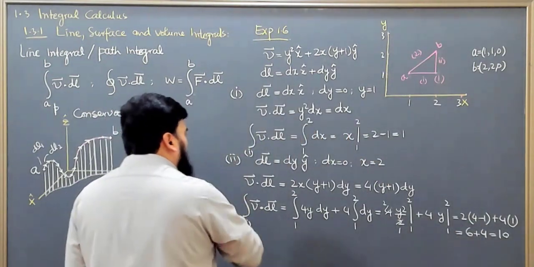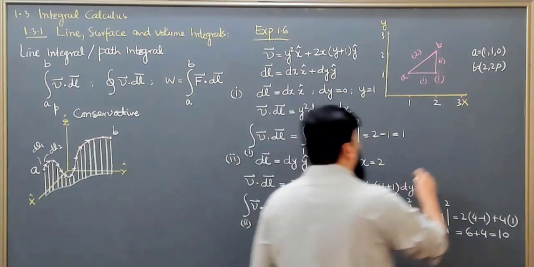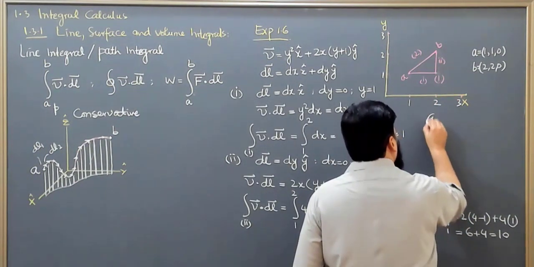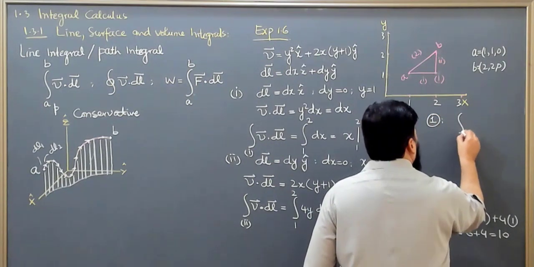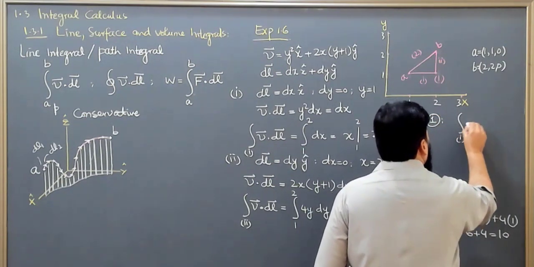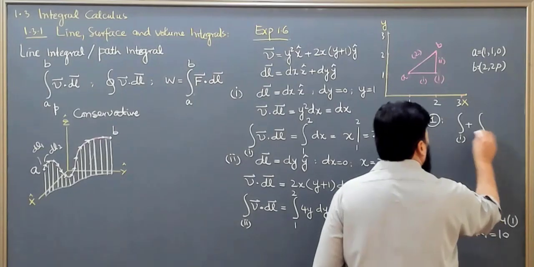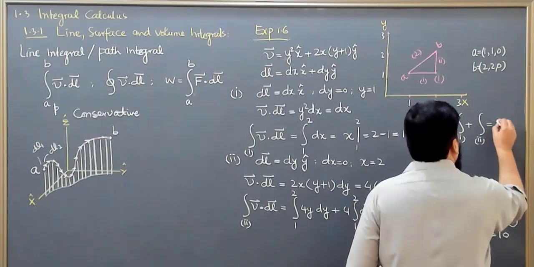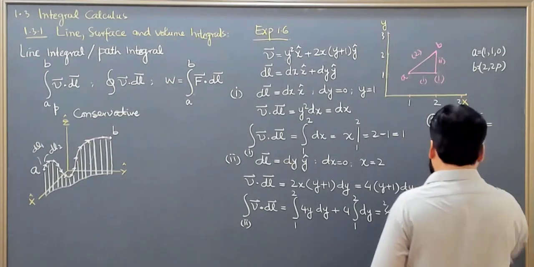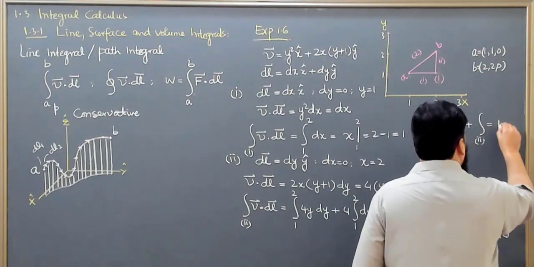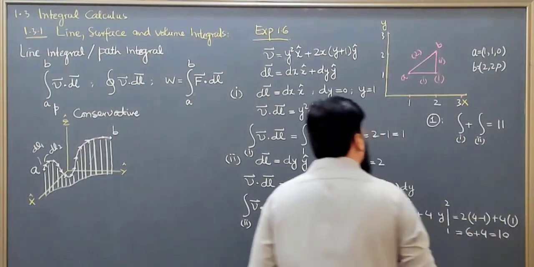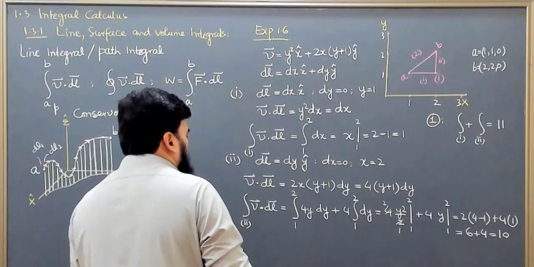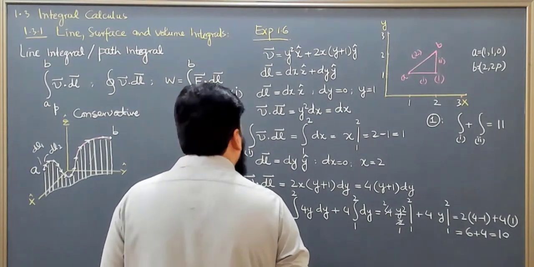So along path 1 and along path 2, this is the sum of the two parts: 1 plus 10, which is equal to 11. And now we calculate along path 2.